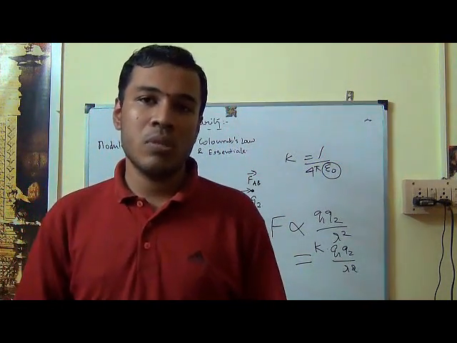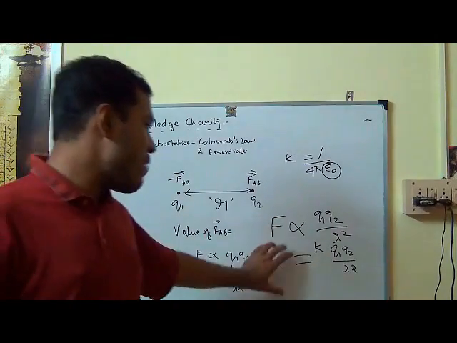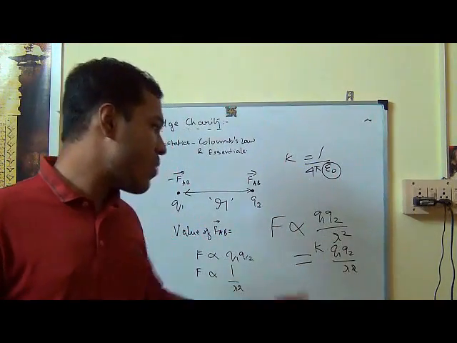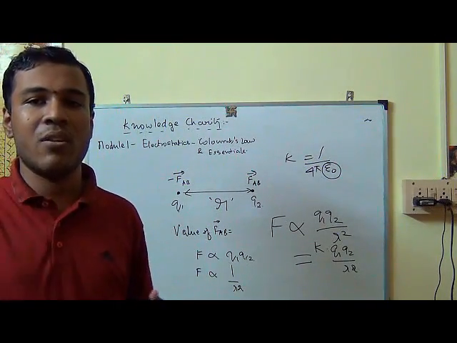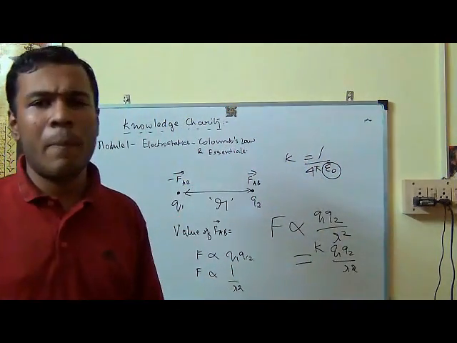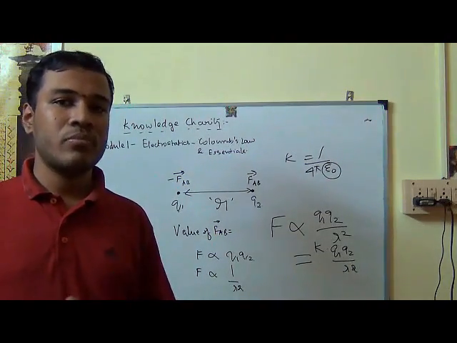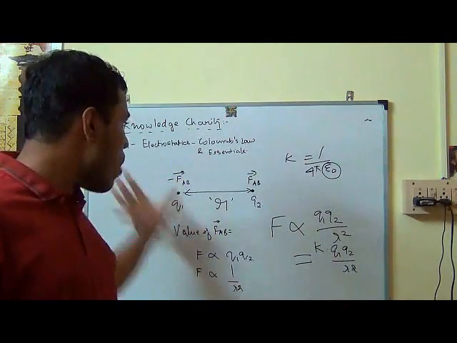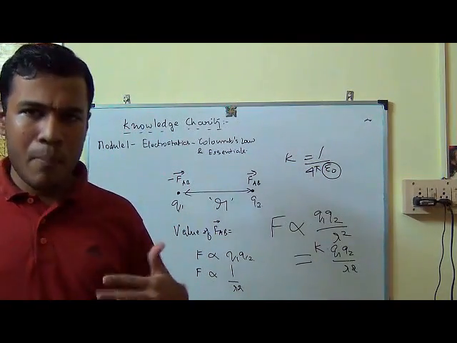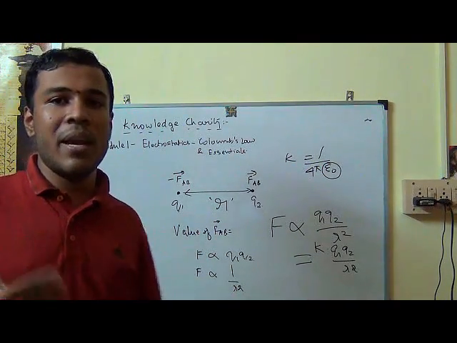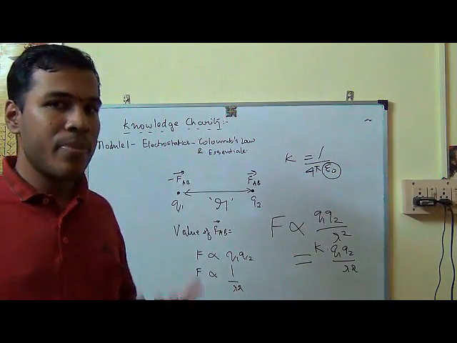This is the Coulomb's law statement, which I can write as F proportional to Q1 Q2 by R square, equal to K Q1 Q2 by R square, where K is the proportionality constant equal to 1 by 4 pi epsilon naught.